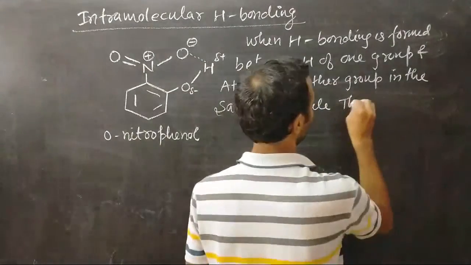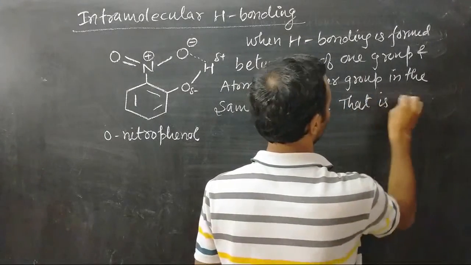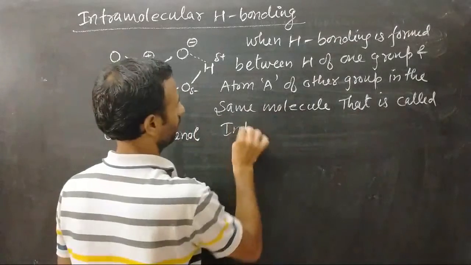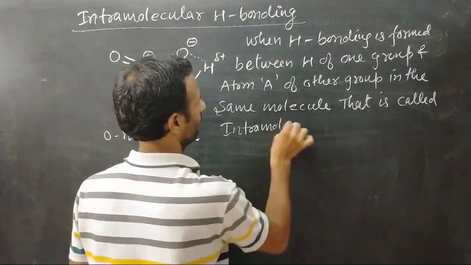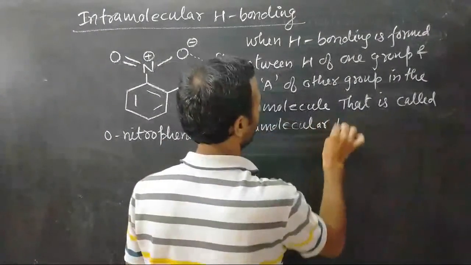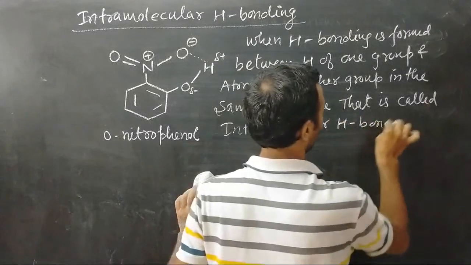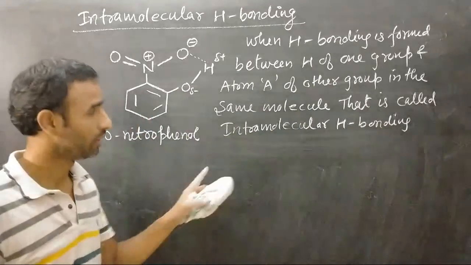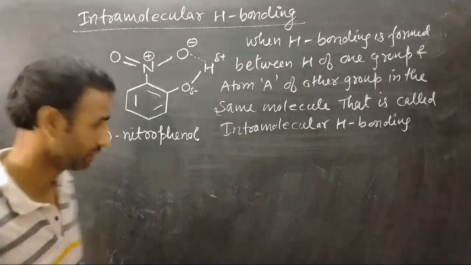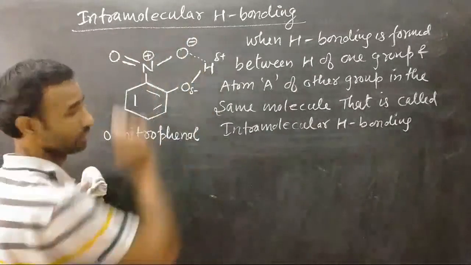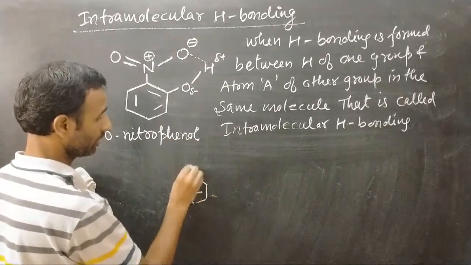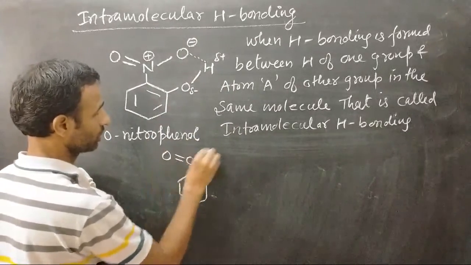That is called intramolecular hydrogen bonding. And because of intramolecular hydrogen bonding, boiling point decreases, it becomes inert, and it cannot interact with other molecules.